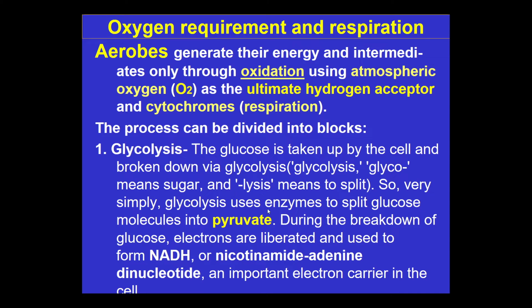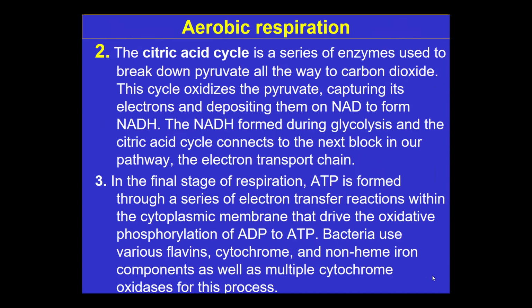Very simply, glycolysis uses enzymes to split glucose molecules into pyruvate. During the breakdown of glucose, electrons are liberated and used to form NADH, or nicotinamide adenine dinucleotide, an important electron carrier in the cell.